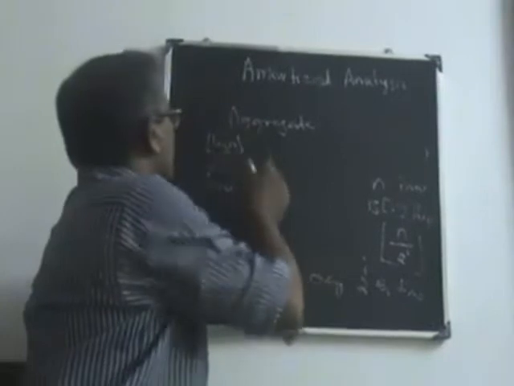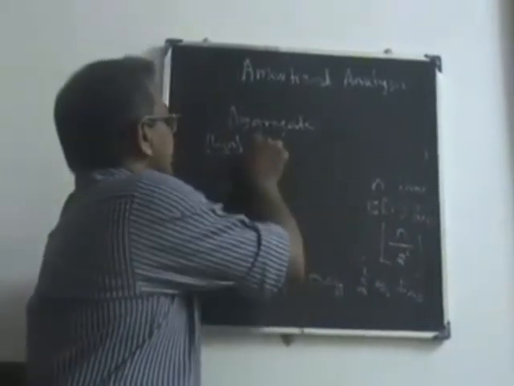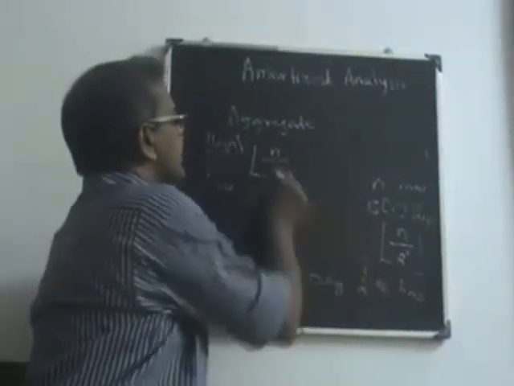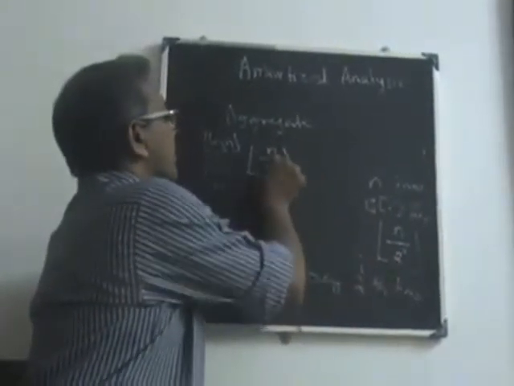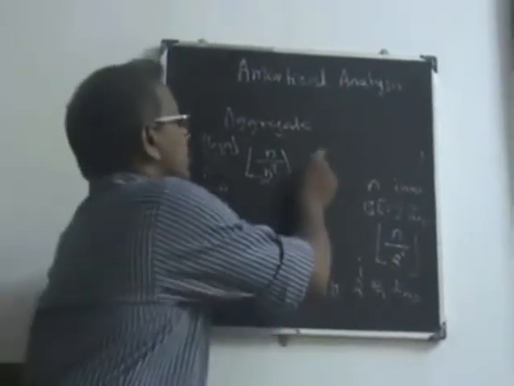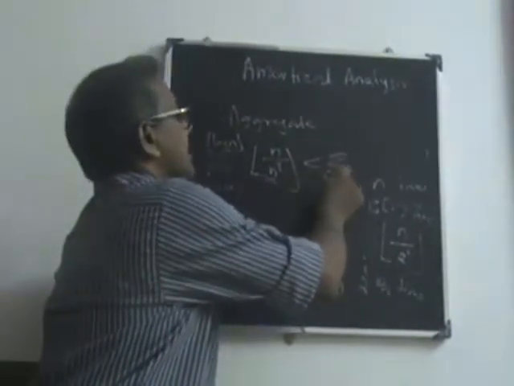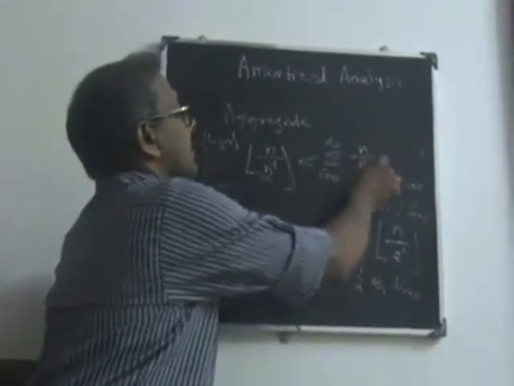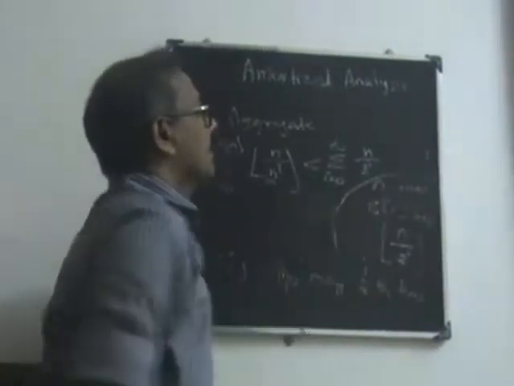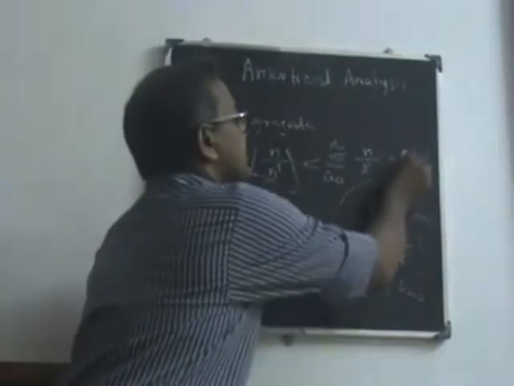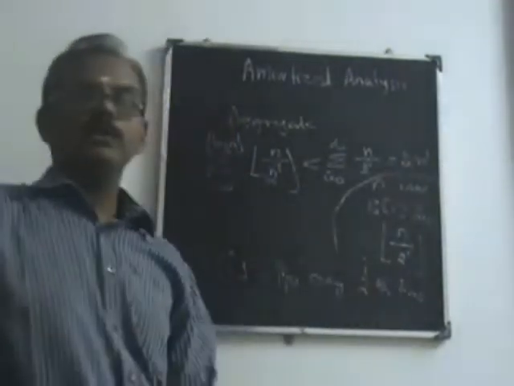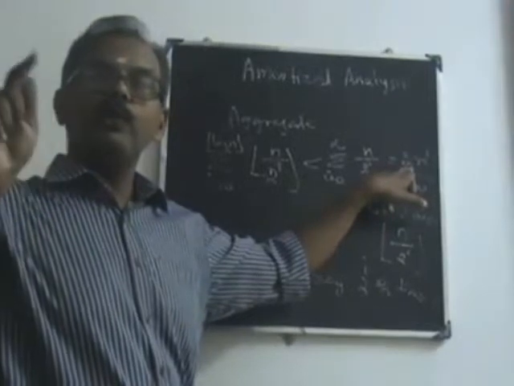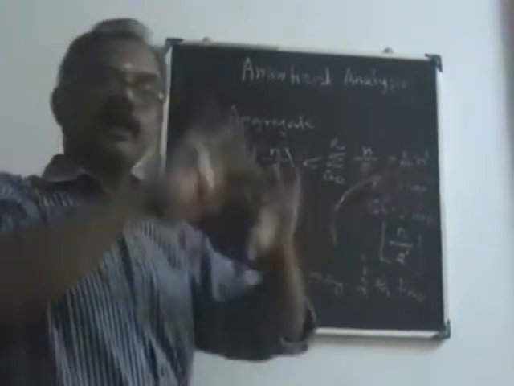For every bit i, the number of times it flipped is floor of n by 2 power i. But this is less than the sum over i equal to 0 to infinity of n by 2 power i, and that is equal to 2n. So altogether we flip 2n times across all the bits.